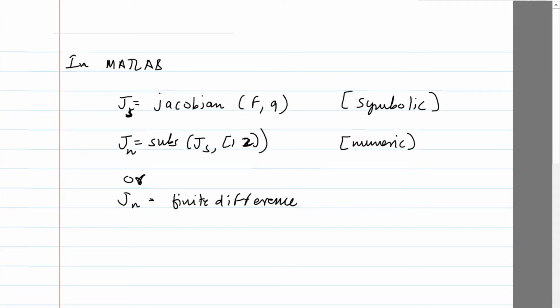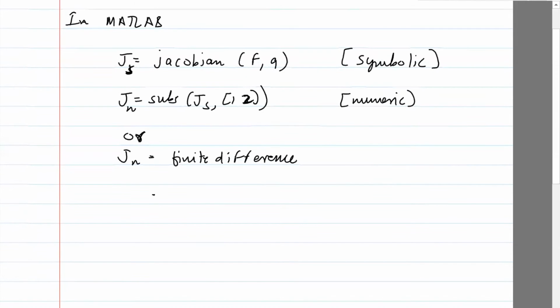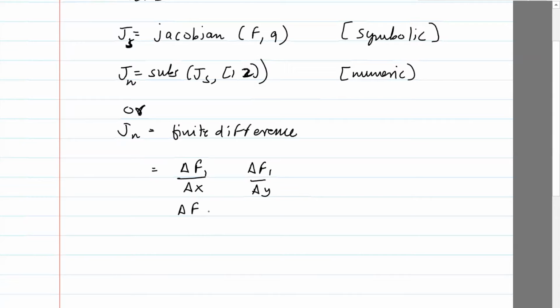We just take a perturbation in the x direction, perturbation in the y direction, and take the appropriate difference to find that. So that will be something like this: delta f1/delta x, delta f1/delta y, delta f2/delta x, delta f2/delta y. So you literally take delta x, put in the value and get it.